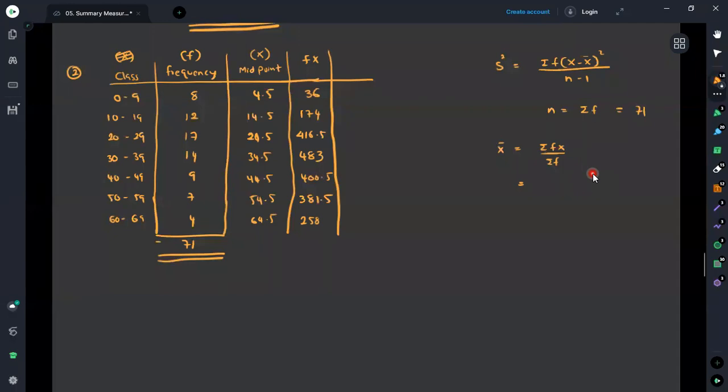Here we got the summation of f. Now we need to get the summation of fx.